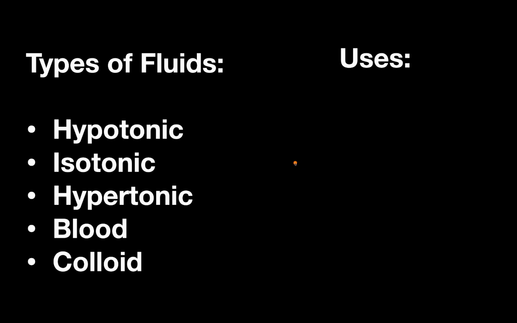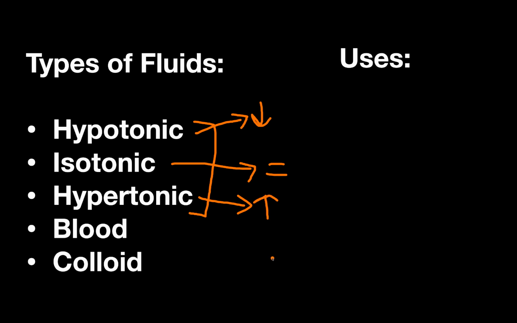So here are the basic types of fluids. These firstly all really refer to electrolyte content. So hypotonic fluids, of course, have fewer electrolytes in them than blood. Isotonic fluids have a similar amount to blood, and then hypertonic has an increased amount of electrolytes compared to blood.